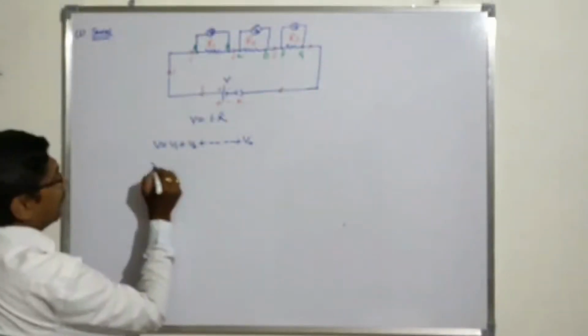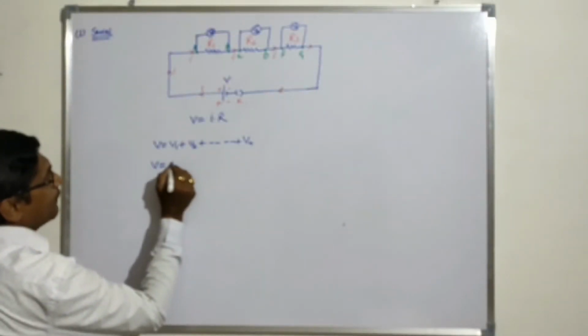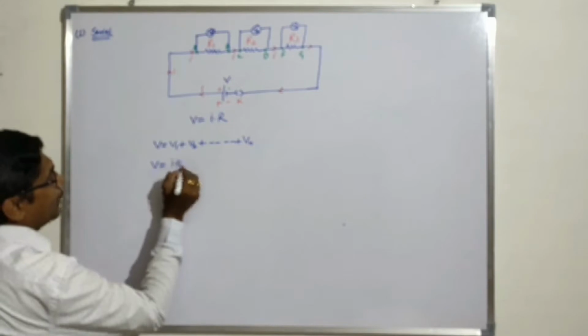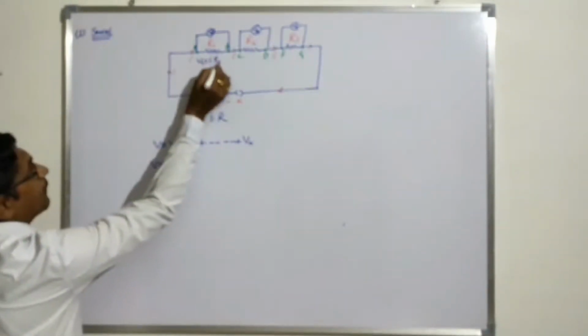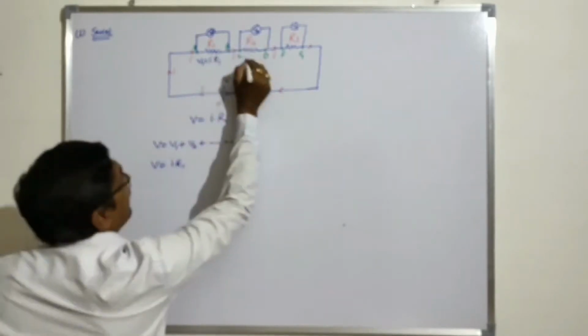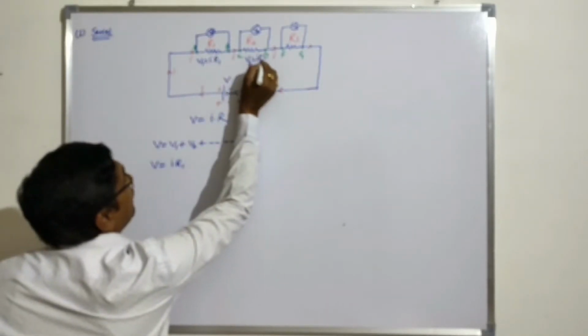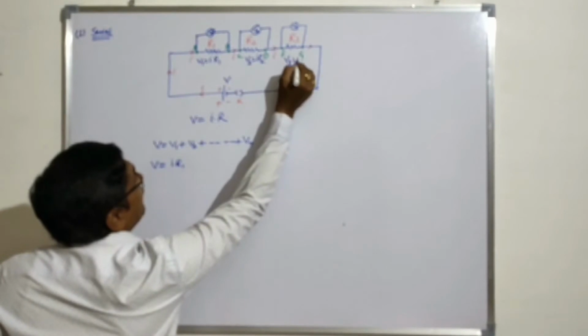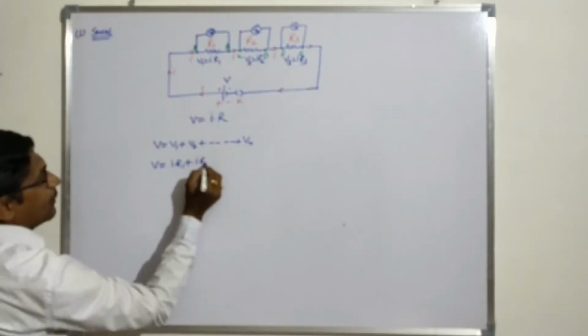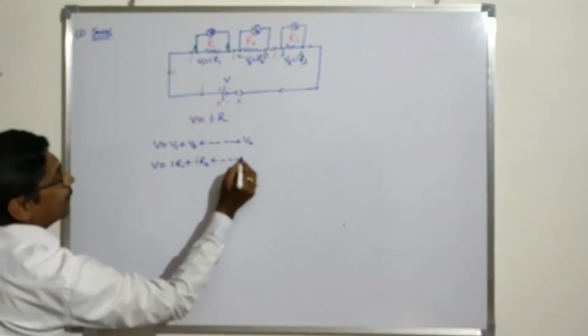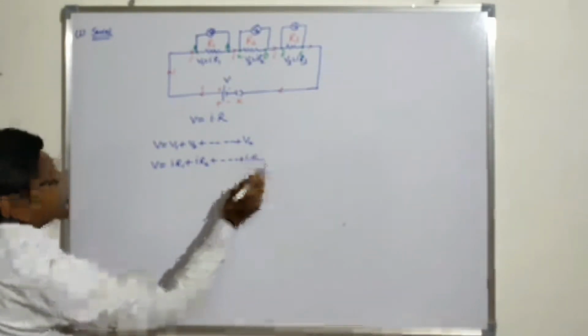Now according to Ohm's law, V1 equals I R1, the potential at resistor R2 equals I R2, and the potential at R3 is I R3, plus up to I Rn.